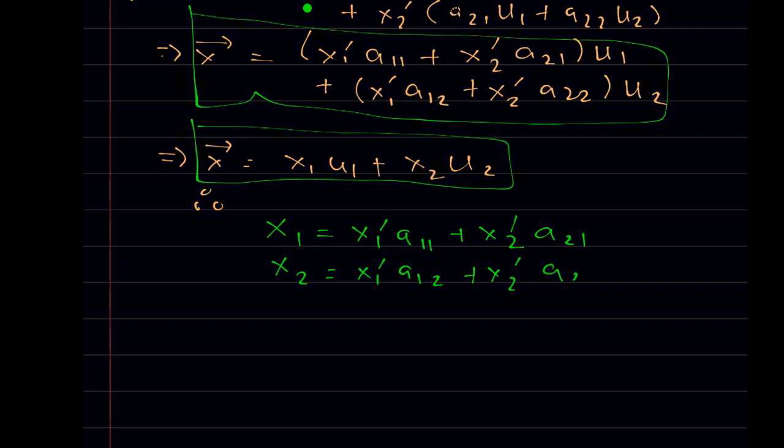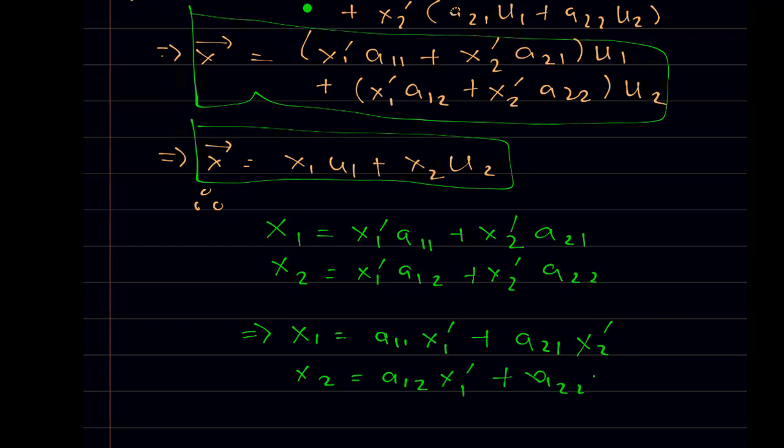Now A11, A22, these are what? These are just numbers. So it doesn't matter, I can write them this way: x1 is equal to A11 x1 prime, because it's a number, and A21 is a number, so I just bring it to the left side. Similarly, I bring these numbers to the left, and A22 to the left.